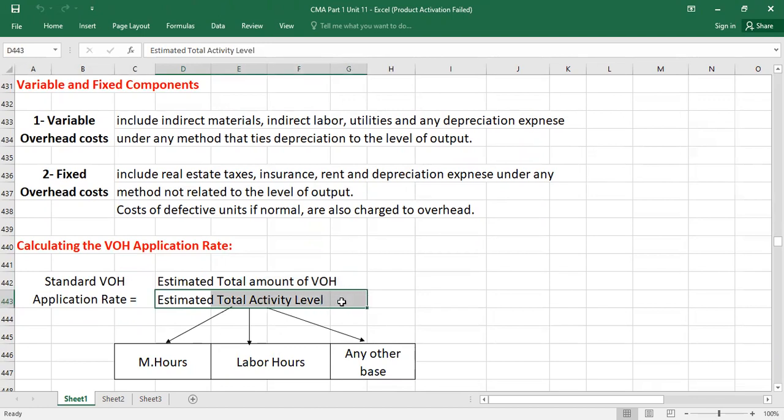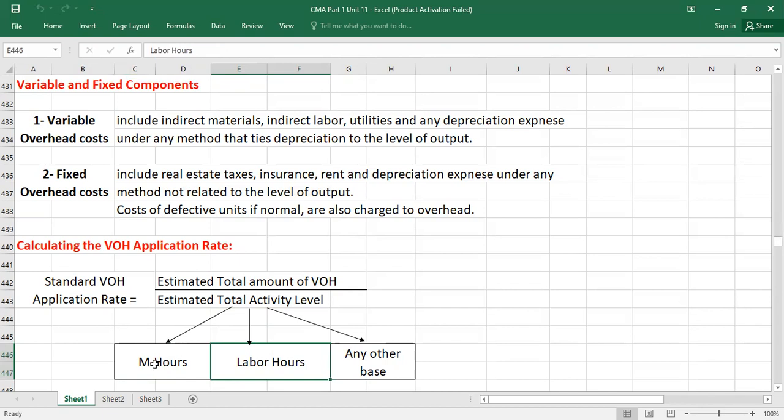Now in the question you might be provided with the activity level, which could be machine hours, labor hours, or any other base like maybe output. If your work is machine intensive, like most of the work is done through the machine, you should use machine hours as the activity level. But if your work is labor intensive, like most of the work is done through the labor, then you should divide by labor hours.